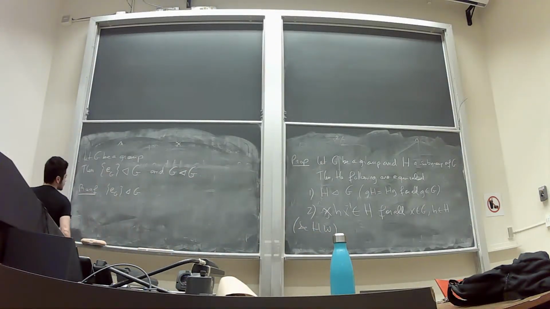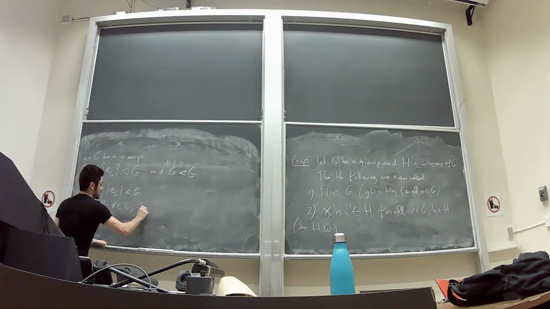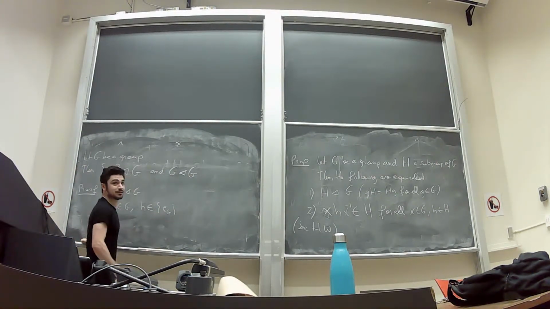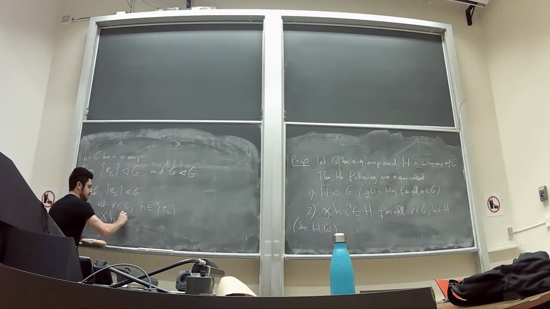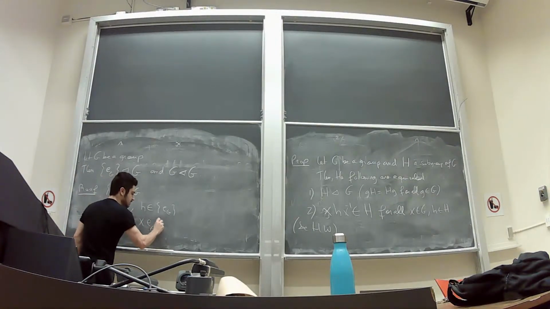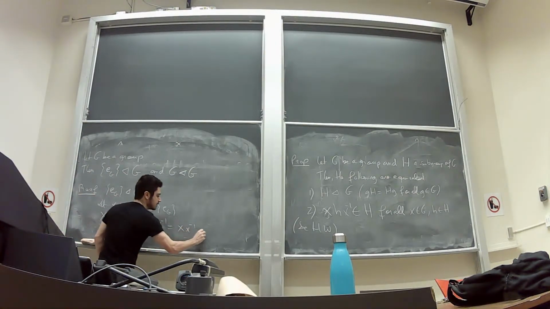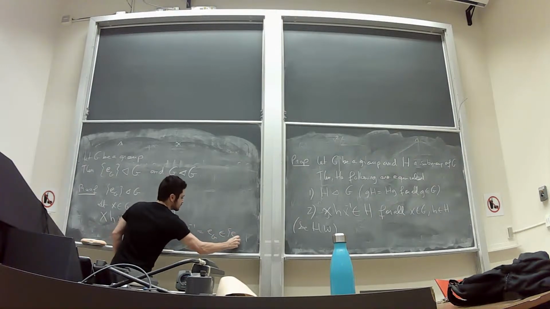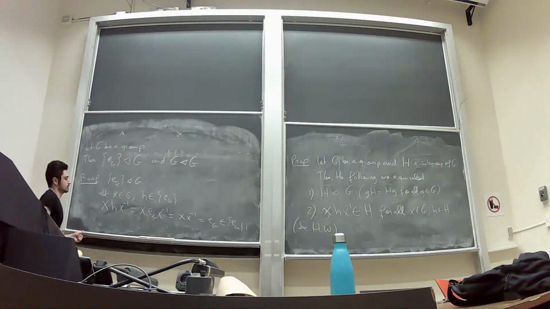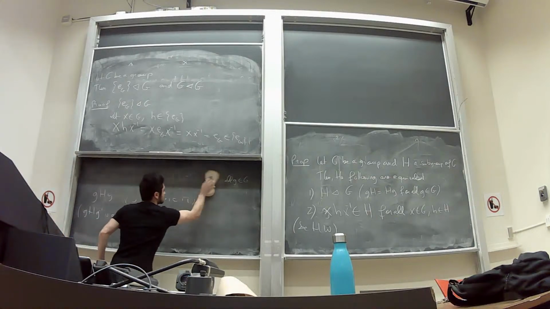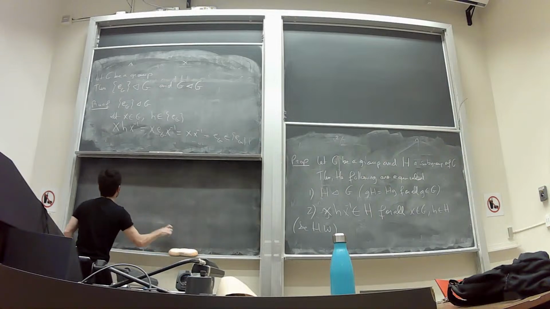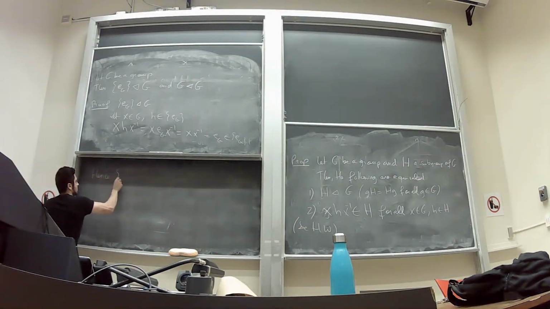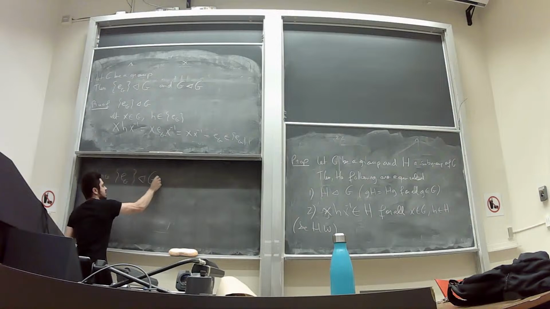So prove that {e} is normal in G. Let's use part 2. Let x be in G and h belonging to {e}. If h belongs to {e}, then h is e. Then xhx inverse is equal to xex inverse, which is e, which belongs to {e}. Hence {e} is normal.